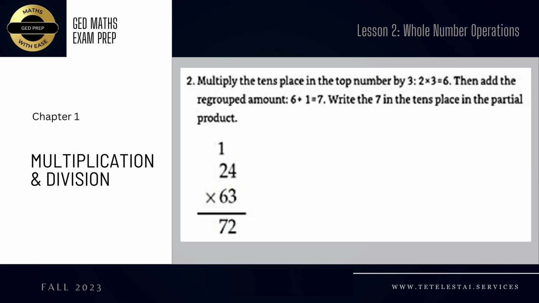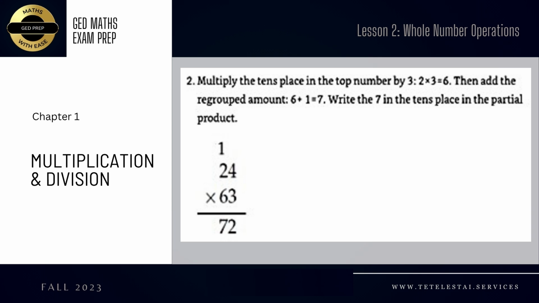And so, yeah, this is essentially what I just explained. Again, you want to start with the ones, and then multiply first the top number, and then the second number.